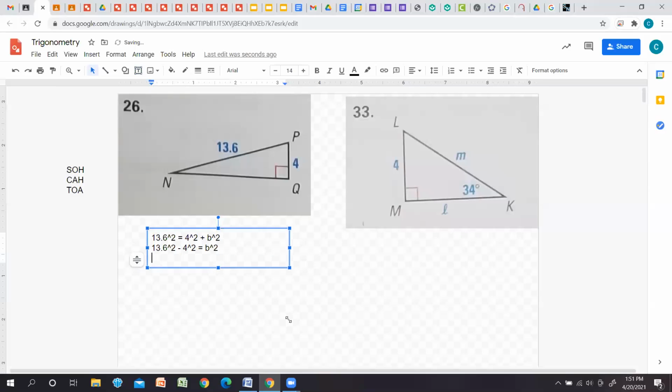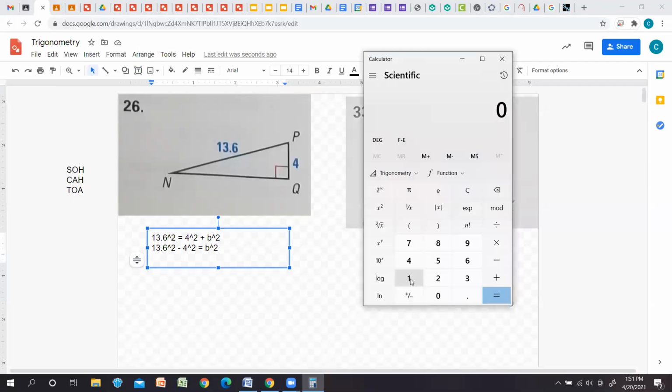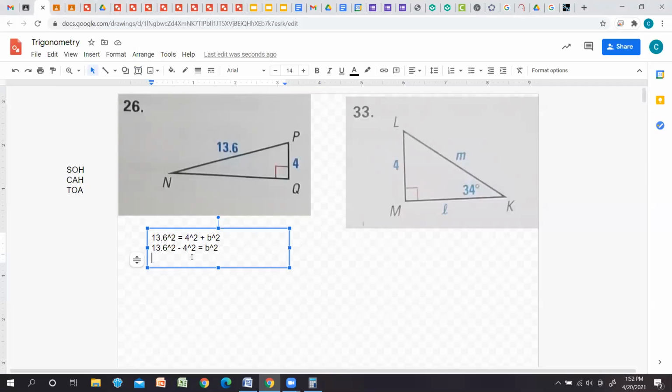So first, I'm going to use a calculator and solve for this. 13.6 squared minus 4 squared. Okay, so that's 168.96, which equals B squared.